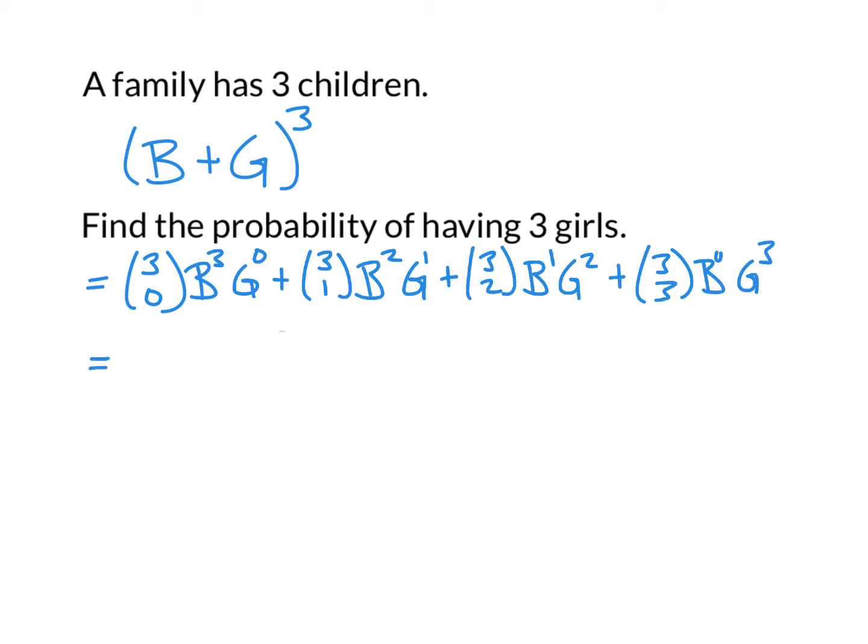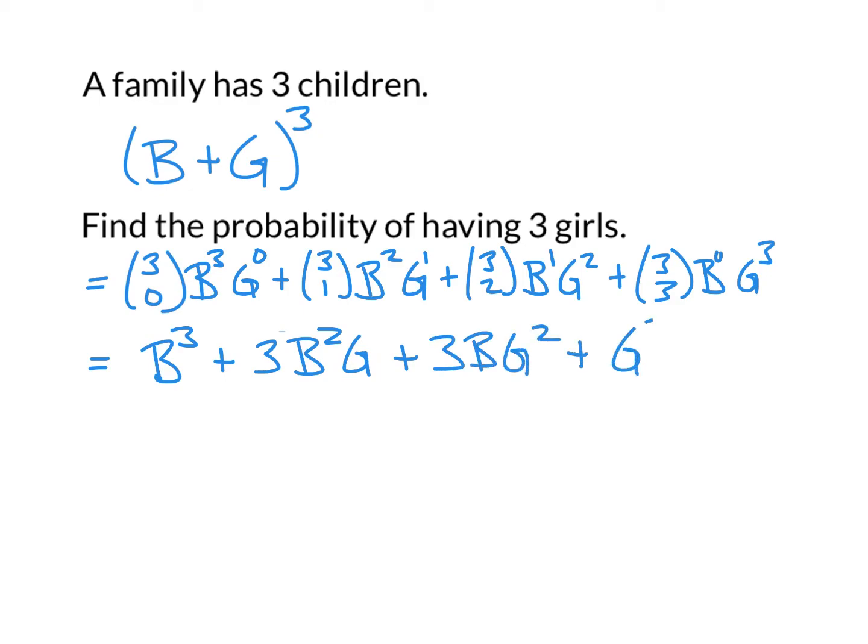Simplifying each of these, we end up with just 1 b to the third plus 3 b squared g plus 3 b g squared and 1 g to the third.